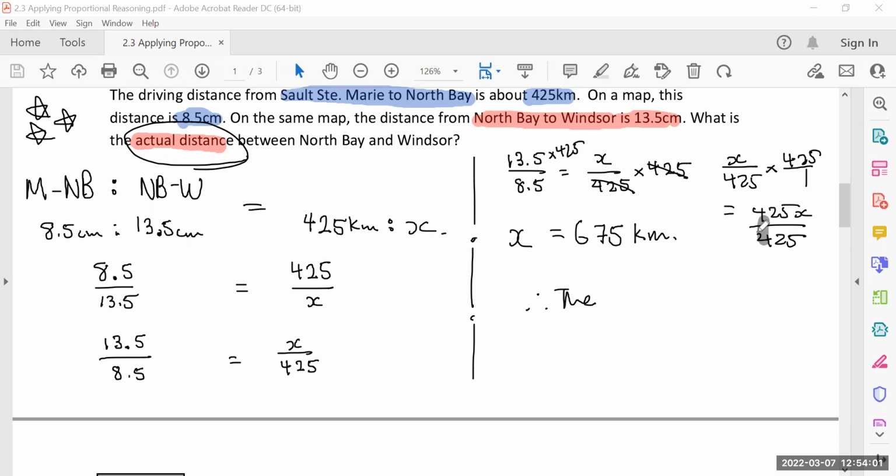These two numbers are going to divide into 1. It's always going to equal 1 every time. That's why I do it early, because I know what's going to happen later on. So the distance from North Bay to Windsor is 675 kilometers.